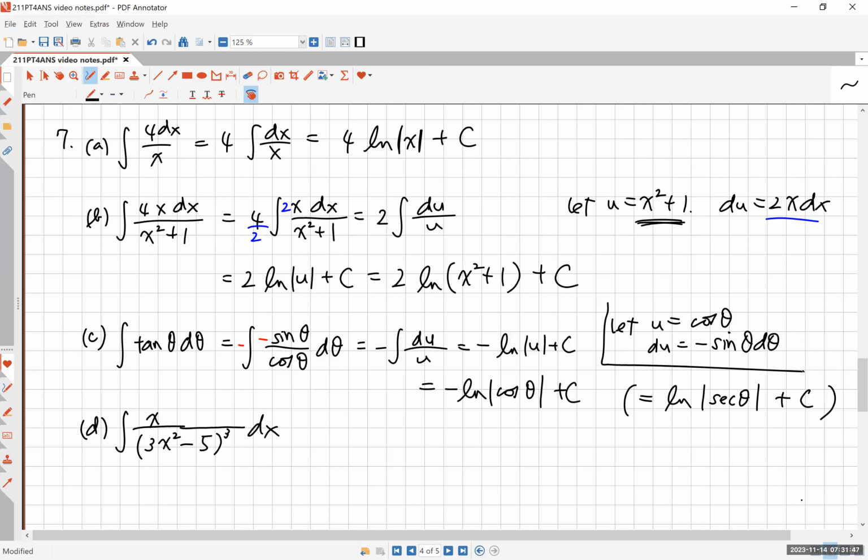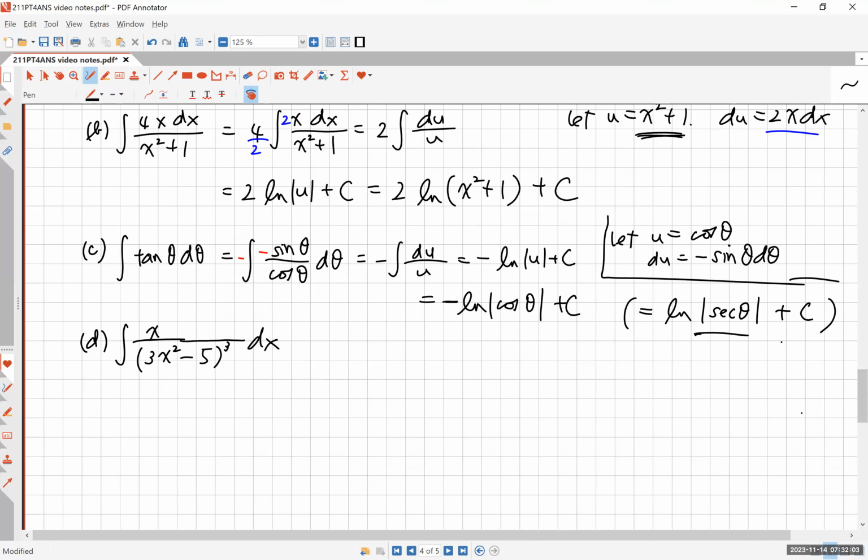Now, if you remember, this negative sign can go up here as the exponent, so you can put that -1 here. And so that means you have 1 over cosine of theta, which is, of course, secant of theta.